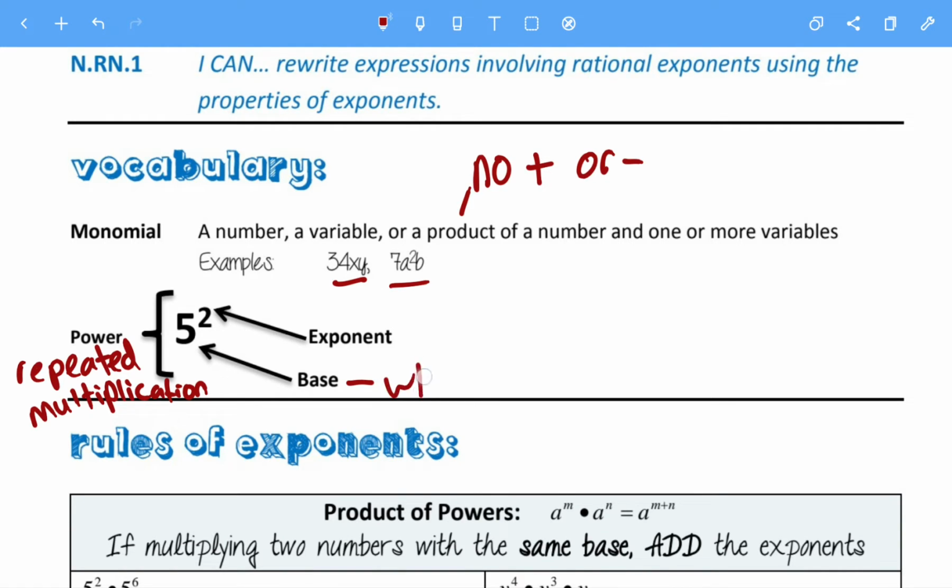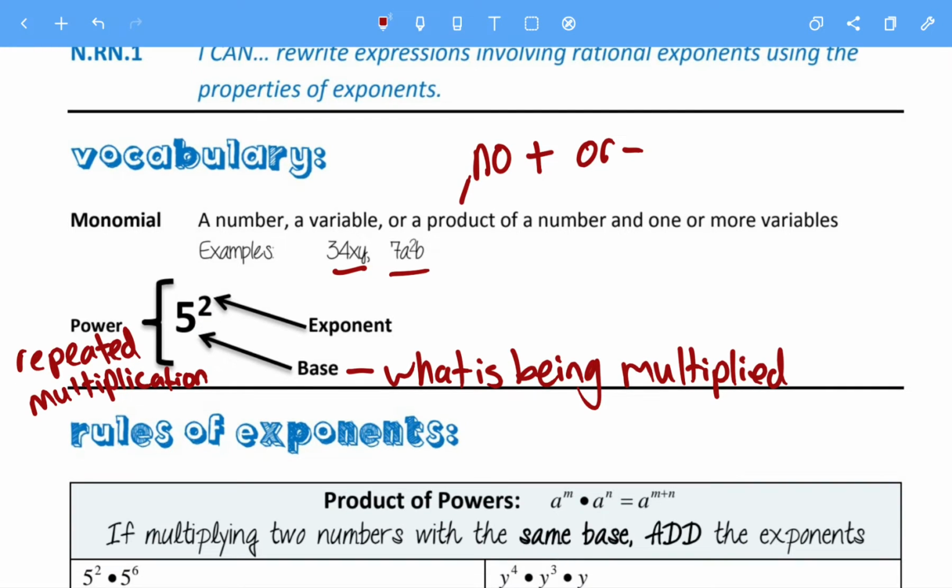That is what is being multiplied. And the exponent, which is this little number on top, also known as the index, is how many times we multiply.